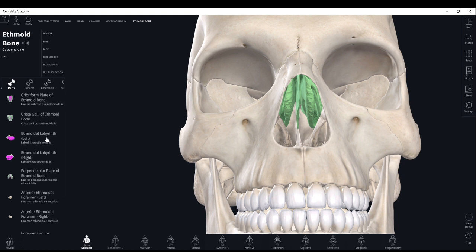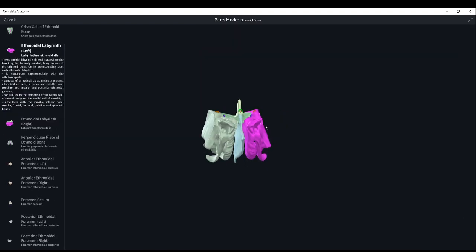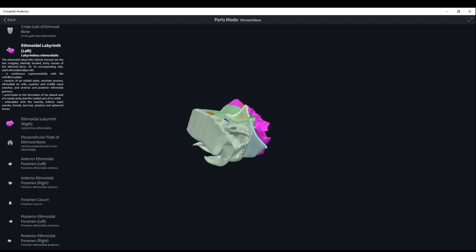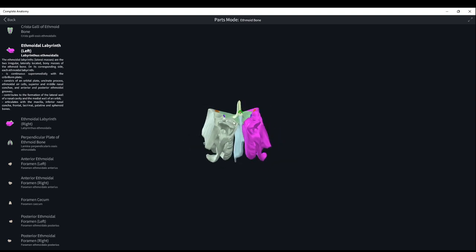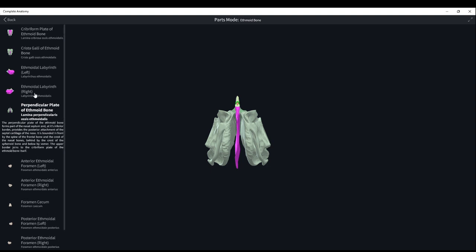First, it consists of the ethmoidal labyrinth. It also consists of the perpendicular plate and the horizontal plate.